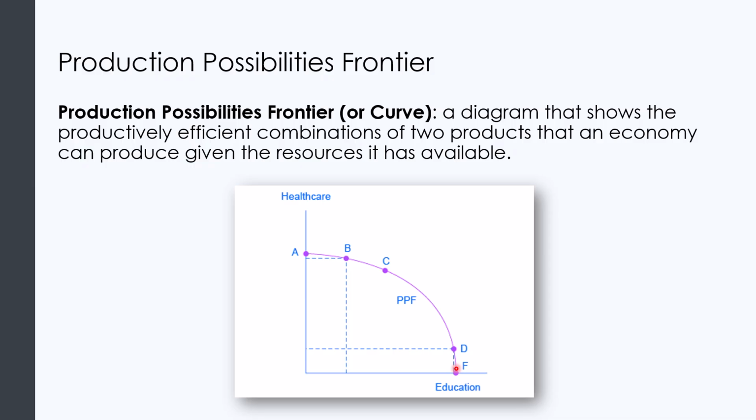Now, the reality is most societies wouldn't be very happy with those. They would want some combination in the middle, some healthcare and some education. Where on that curve they fall will really depend on the society itself, right?